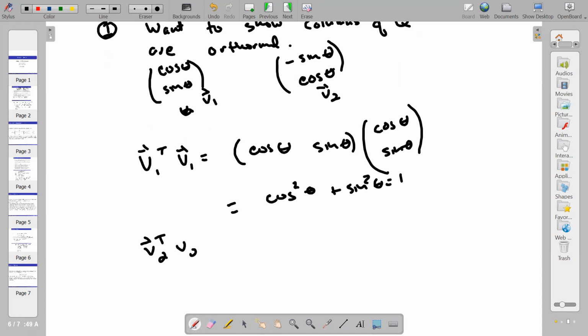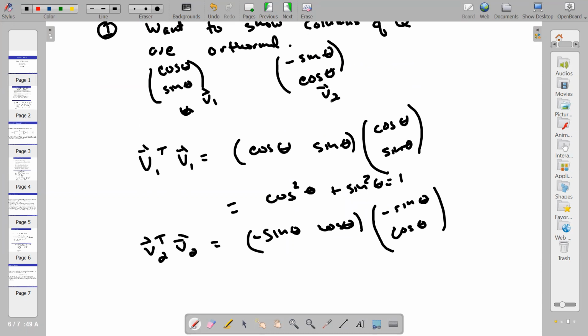For V2, we can check the same thing. So we look at V2 transpose V2, the dot product. You get minus sine theta cosine theta times minus sine theta cosine theta. Sorry, you said this is finding the length? Yes, that's right. It's finding the square of the length, but that's close enough.